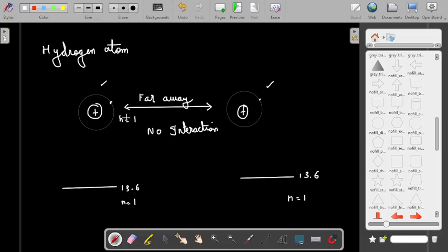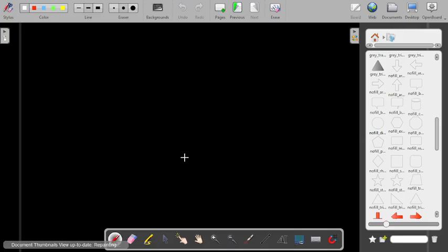Then the game changes when both come into interaction. The electron of one atom will attract or repel the electron of the other, some kind of behavior will take place.